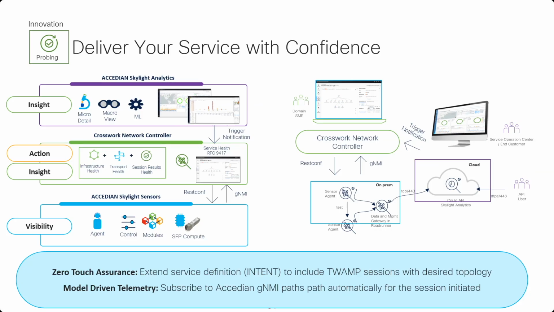So if we want trending analysis and so on, I can use Skylight Analytics. If the goal is to enhance the visibility of my network in the controller, then I use the Crosswork Network Controller and the integration with the different probes. This functionality is available in limited form with the sensor agent in 6.0 and is going to be generally available leveraging an SFP in 7.0.